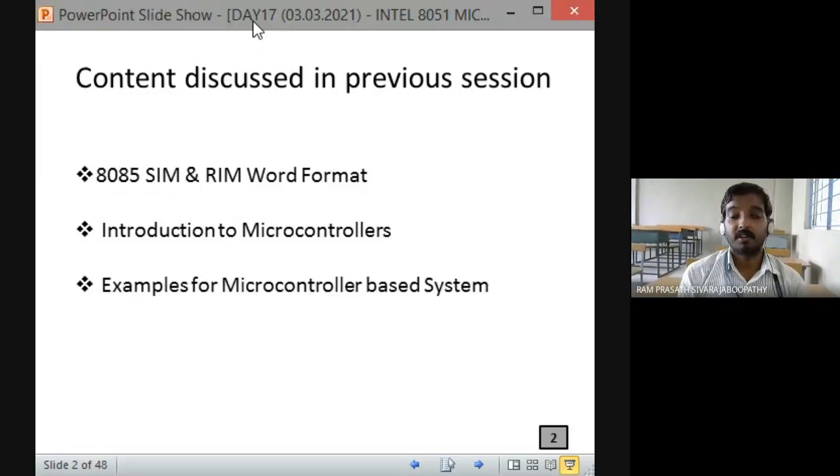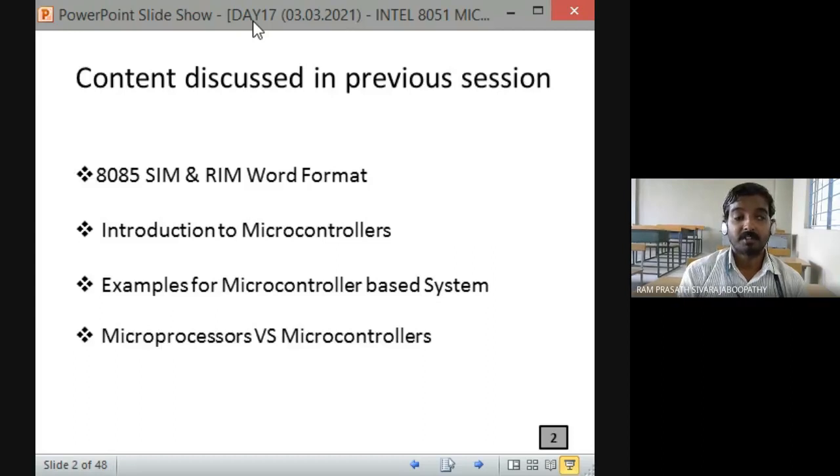Then we went through some examples of systems based on a microcontroller. Then we discussed the comparison of microprocessor and microcontroller. For control-oriented applications, to do a specific operation repeatedly, we can go for a microcontroller.